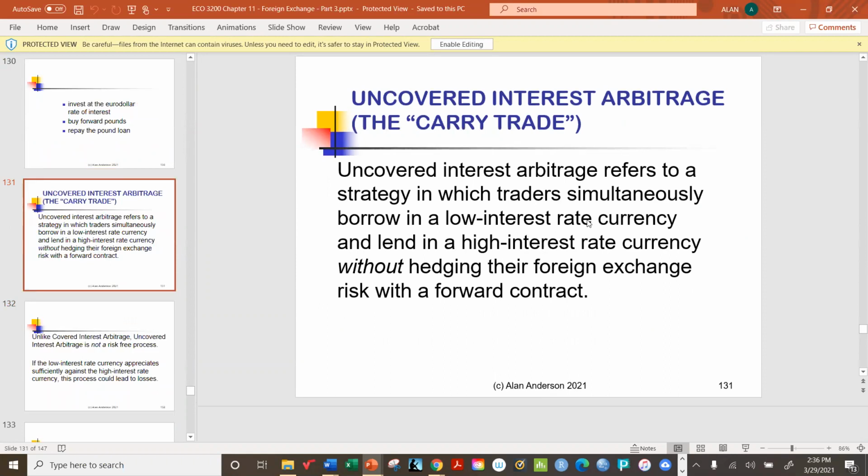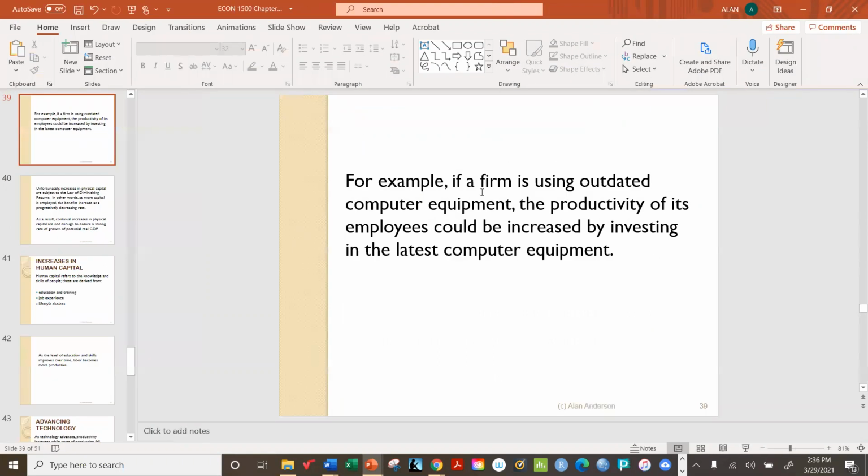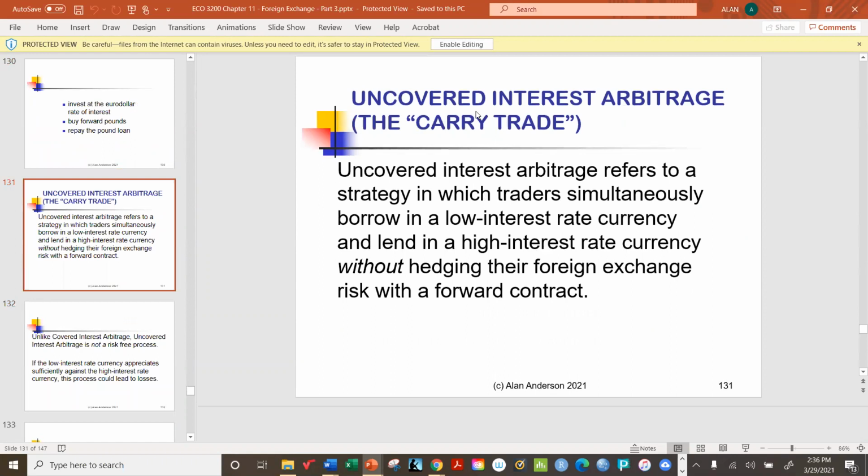This will only take a few minutes to go over. So why don't we go over the second problem set first, then we'll finish up chapter 11, and then we'll get into 12. That sounds good.